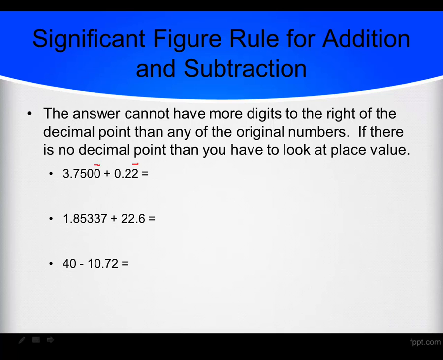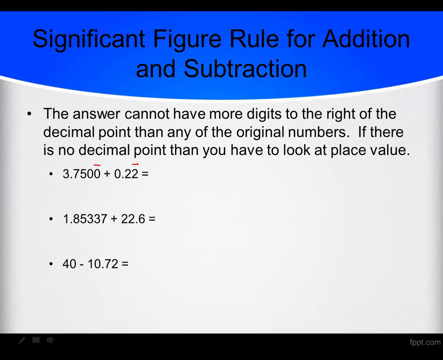So for instance, if I'm looking at this first math problem here, 3.7500 plus 0.22, looking at 3.7500, tenths, hundredths, thousandths, 3.7500 goes to the 10,000th place, and 0.22 only goes to the hundredths place.